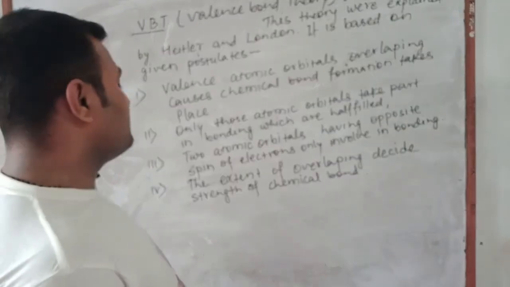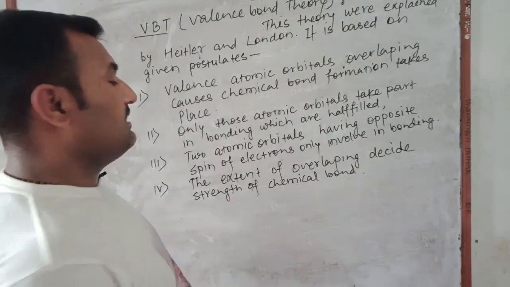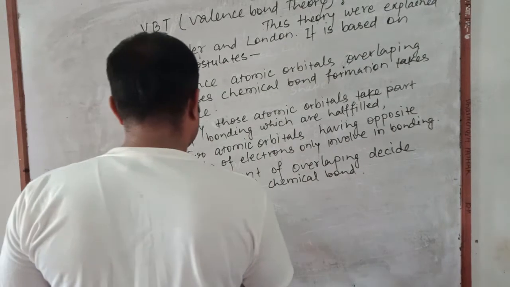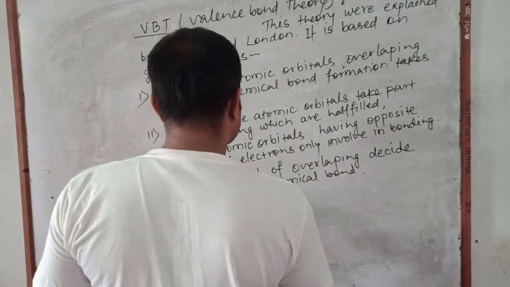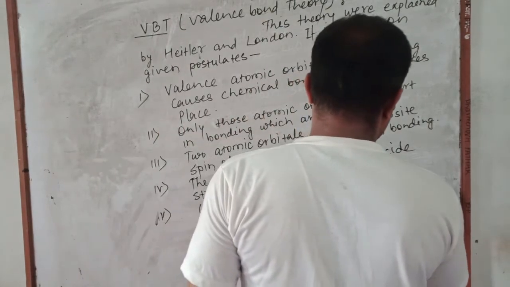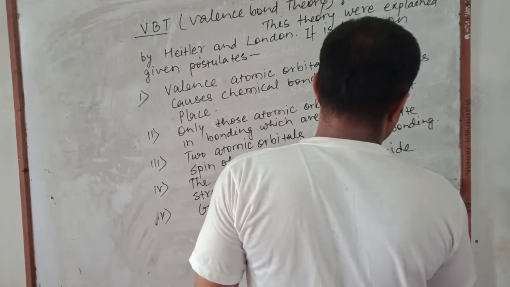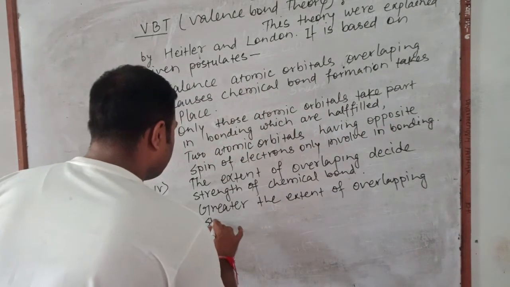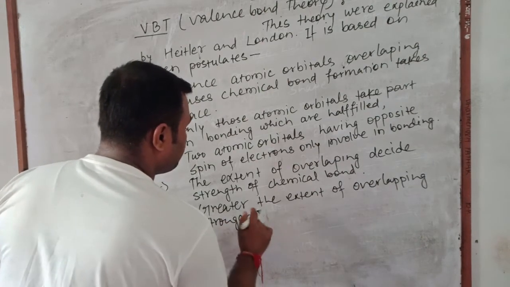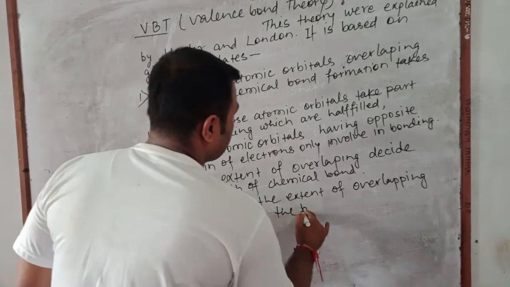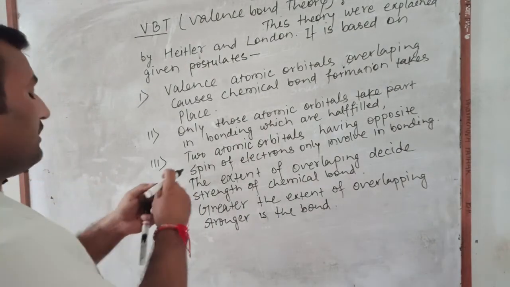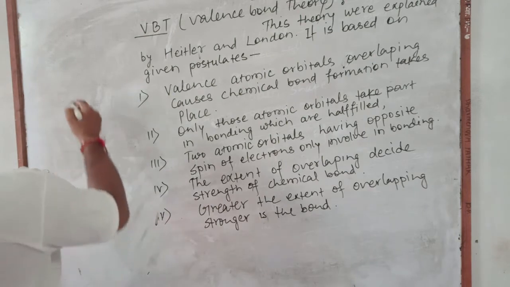Overlapping of atomic orbitals depends upon the extent of overlapping. The greater the overlapping, the stronger is the bond. And according to this theory, atomic orbitals have electrons of opposite spin.